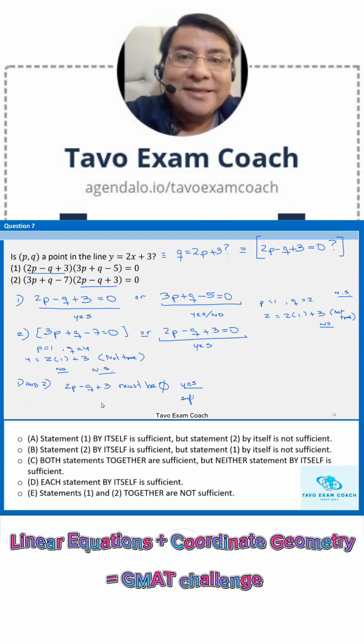But how is that? How can we affirm categorically that the fact that these two equations are true at the same time means that the factor 2p minus q plus 3 equals 0? Well, let's simplify this situation a little bit in the following scheme here.